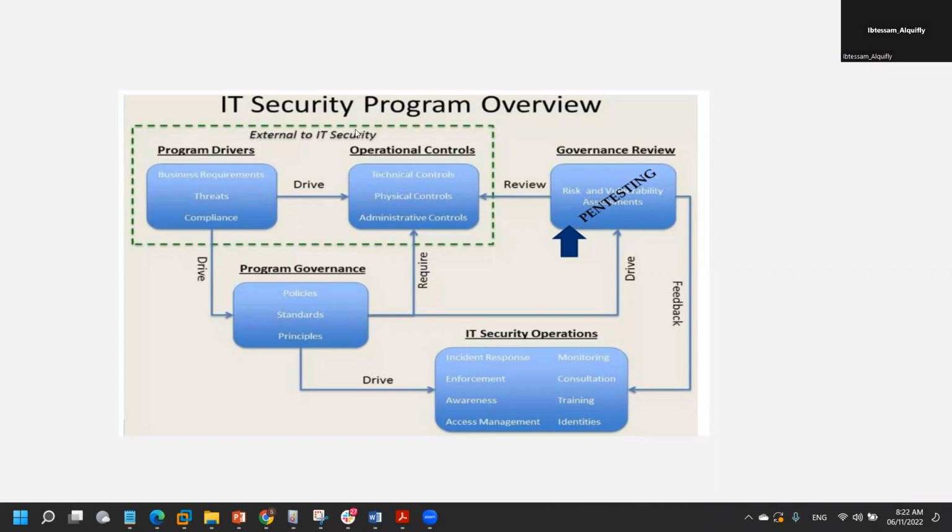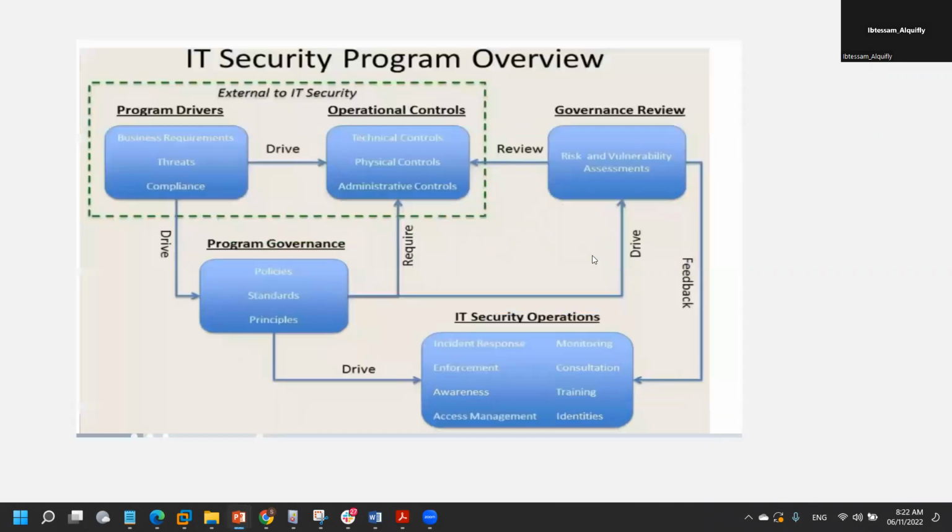Okay, and also what I really wanted to show you guys here. There is a risk and we do a vulnerability assessment, and both of these factors will allow us to implement controls. We mentioned that the controls will be technical controls, administrative controls, and lastly, physical controls.